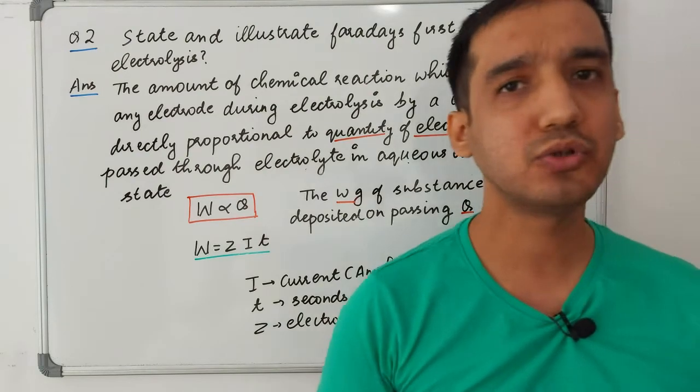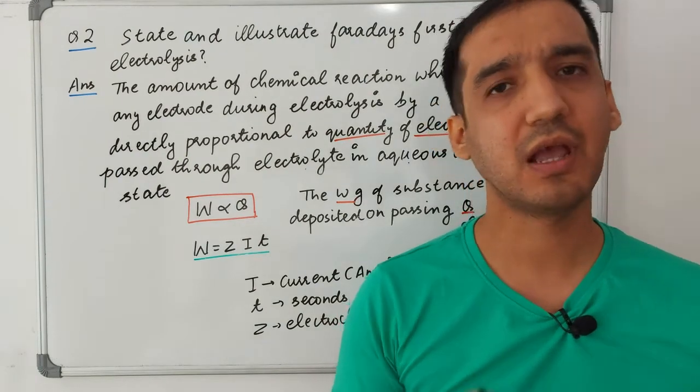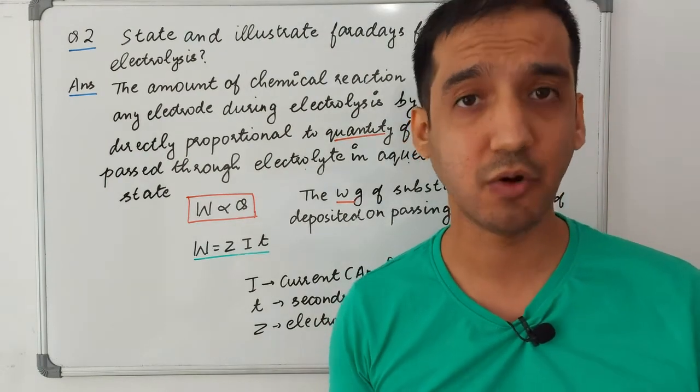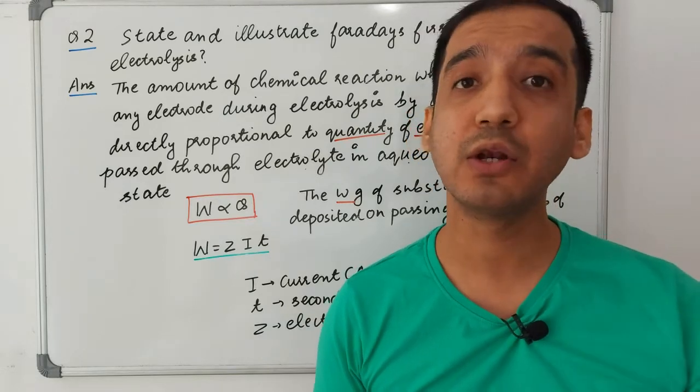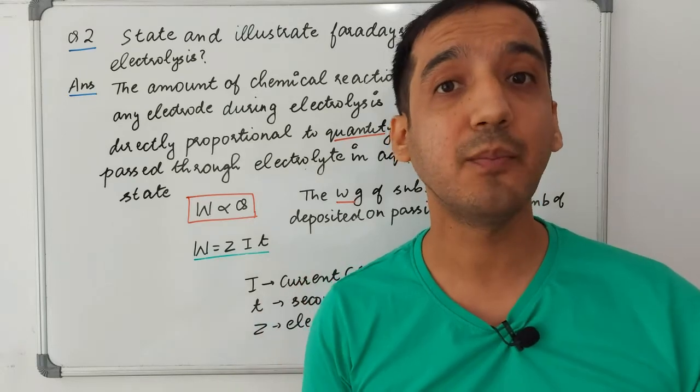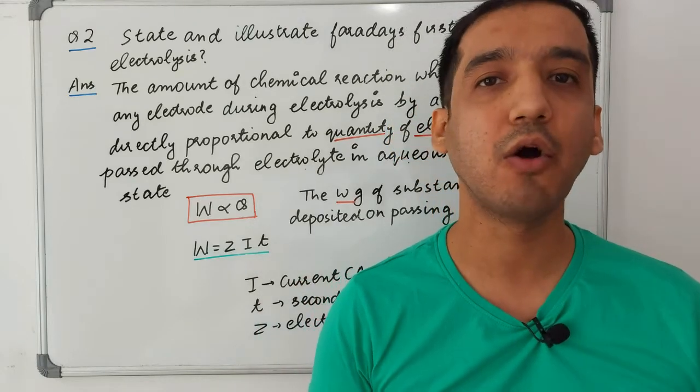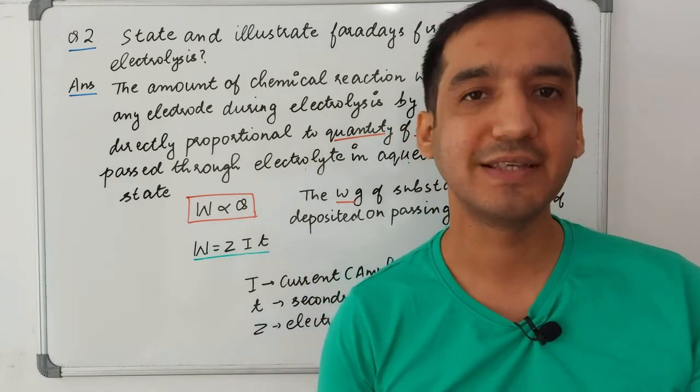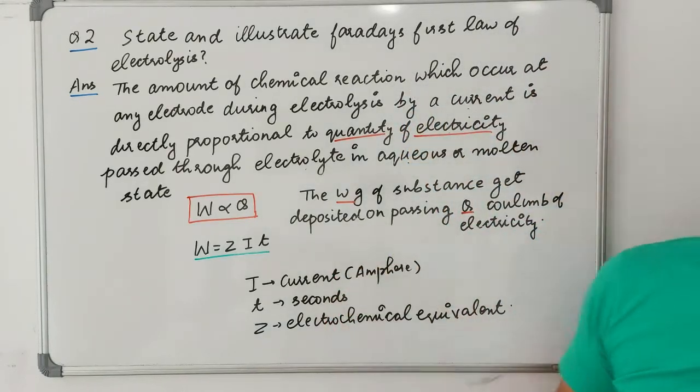So what it means, suppose you are doing electrolysis of a solution, and if we take an example like electrolysis of water, how much hydrogen and oxygen gas will be released at the electrodes? It will depend upon the quantity of electricity you are passing through the solution, and the solution can be aqueous.